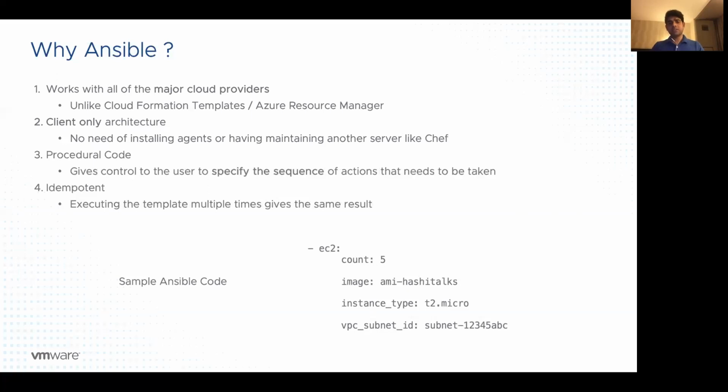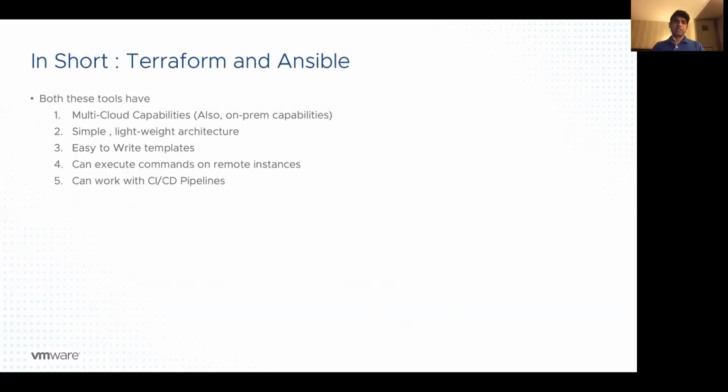And here is a simple Ansible code, right? Again, I'm trying to deploy EC2 instances to AWS with, again, the image being AMI HashiTalks on this particular subnet ID. Looks quite simple, right? So in short, both Terraform and Ansible seem to have multi-cloud capabilities.